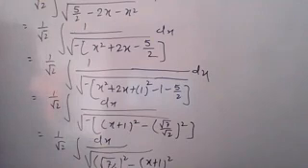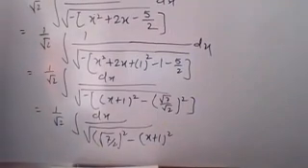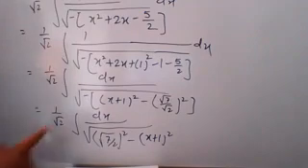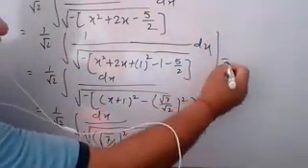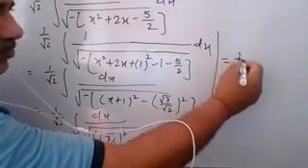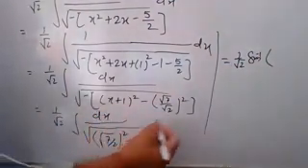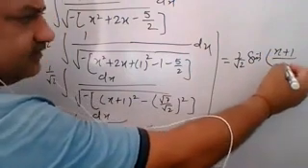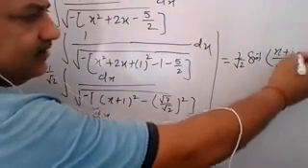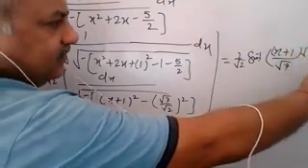That is in the form of integration of 1 upon under root a square minus x square, whose formula is sine inverse x by a. So you can write that is equal to 1 upon root 2 into sine inverse x by a. In place of x you write x plus 1, by a meaning root 7 by 2, and here you multiply that by root 2 also, plus c. That is your answer.